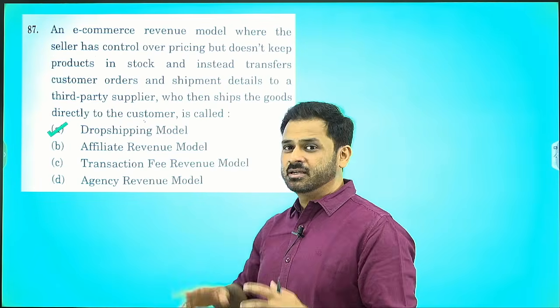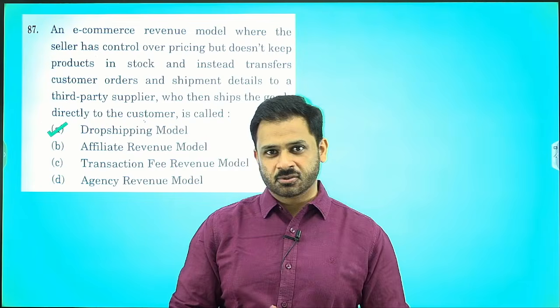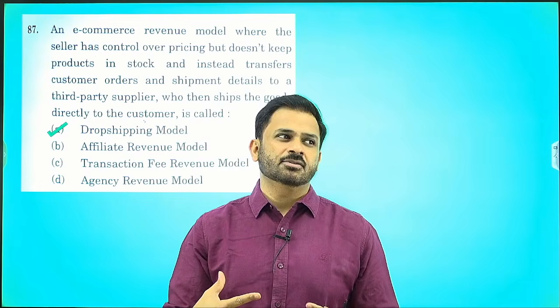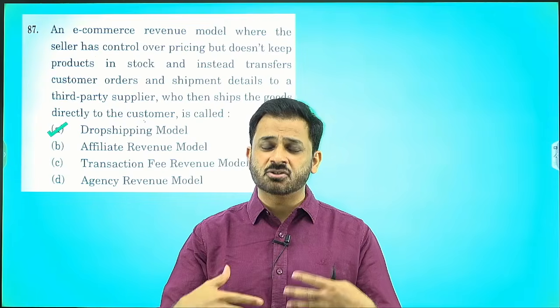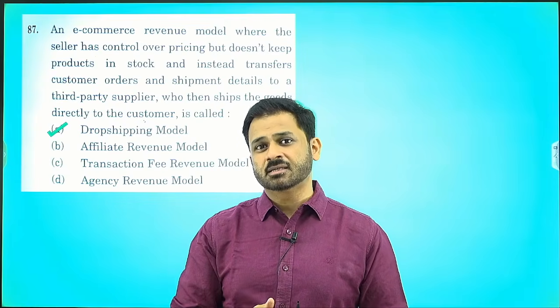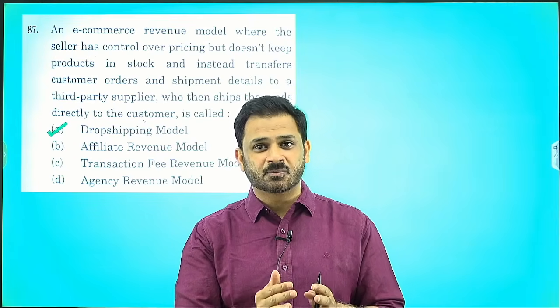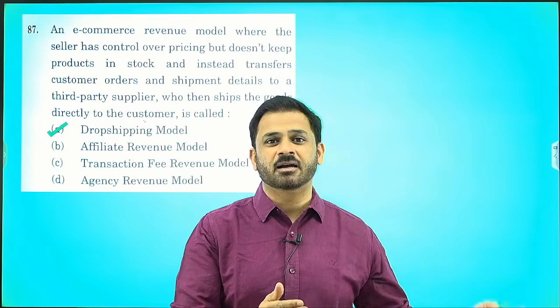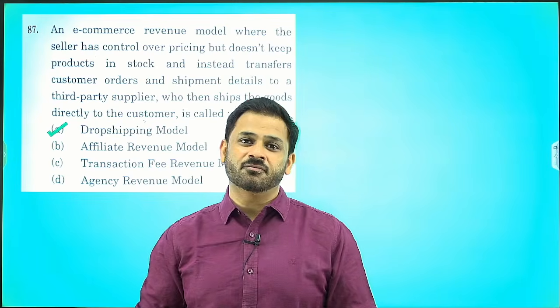And the agency revenue model is one where a third party is involved. Let's say there is a company or a platform which is selling certain services or products, and there's a client who subscribes to that service or product. Some additional services are required from certain other experts, for which another third party gets involved. This third party is what is referred to as the agency.